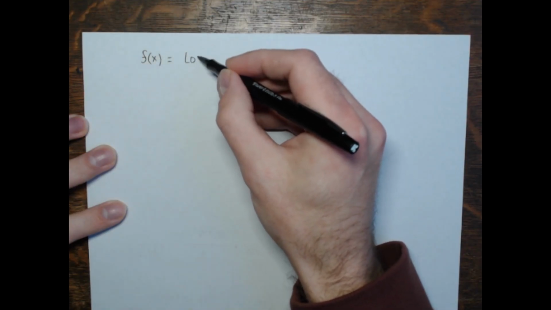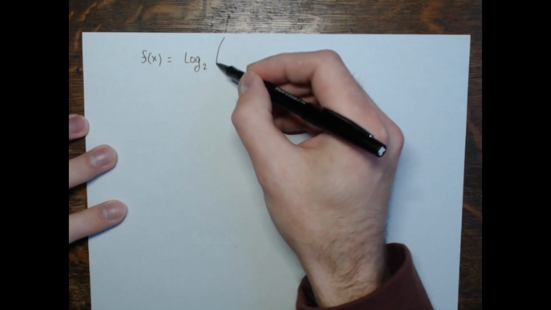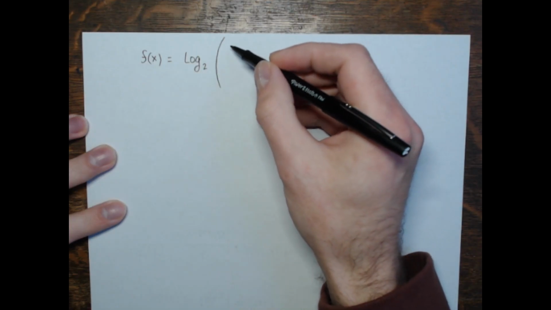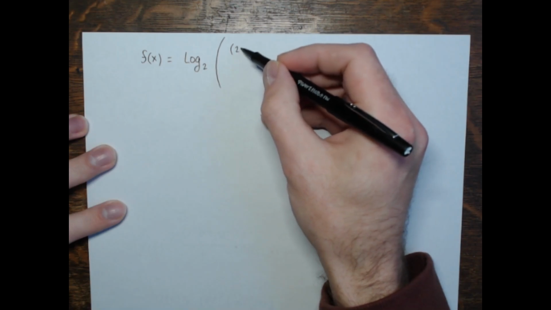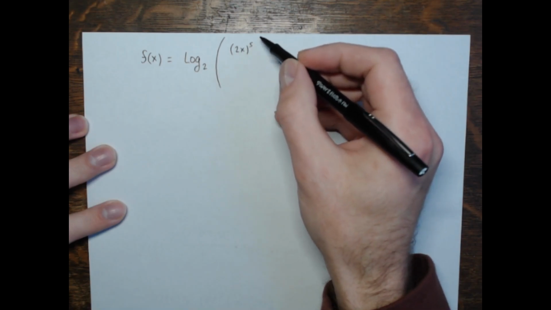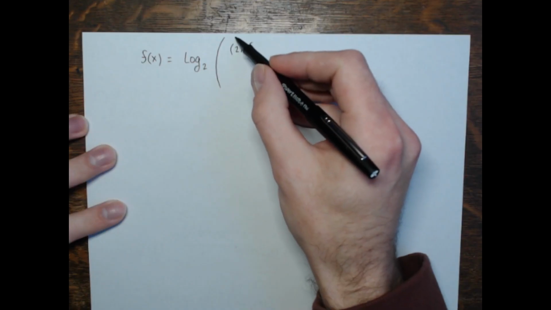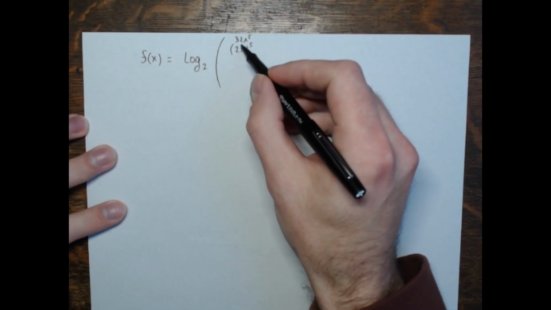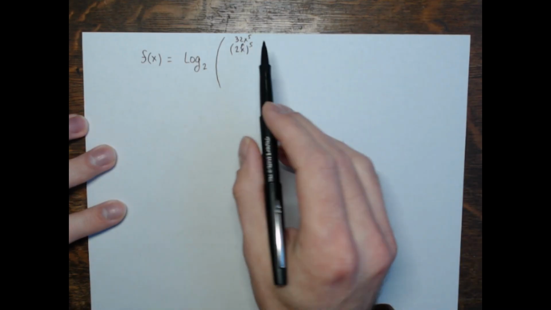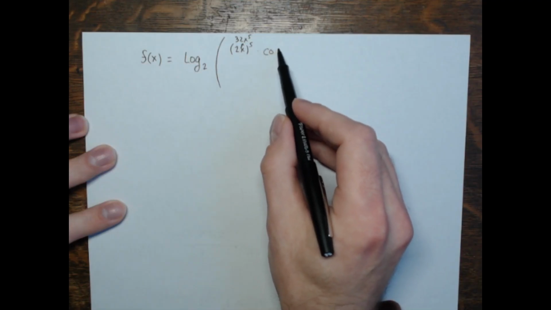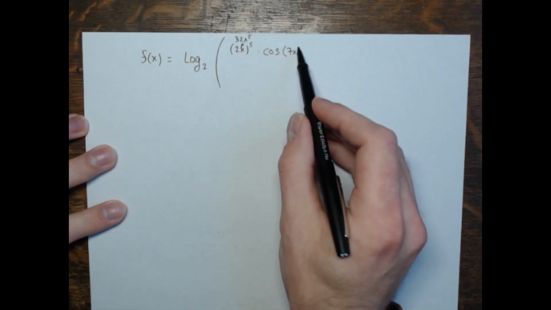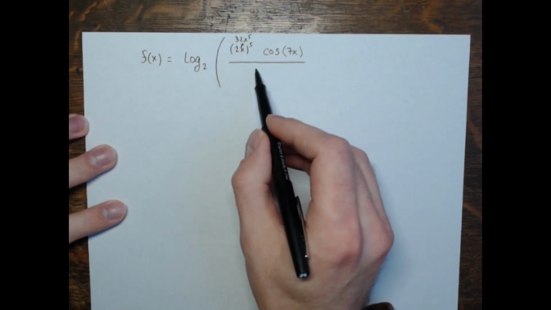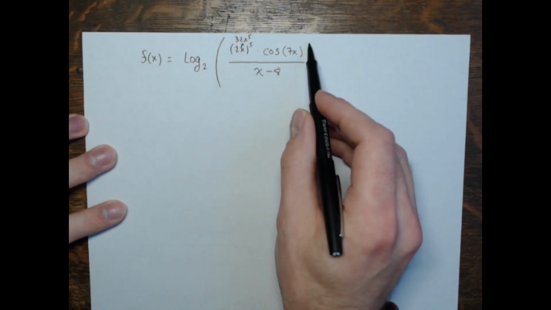All right, so this is log base 2. And then this time, because it's positive, I'll actually multiply it out. Okay, so 2x to the 5th. This is 32x to the 5th. So that's that factor there. Times the cosine of 7x divided by x minus 8.